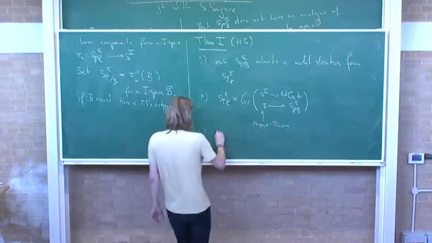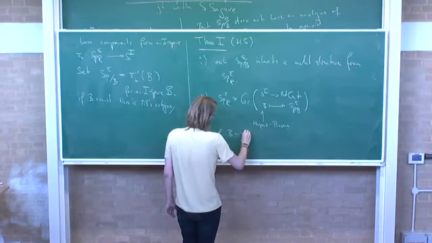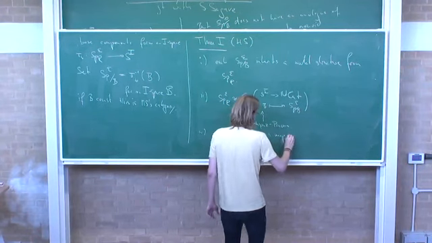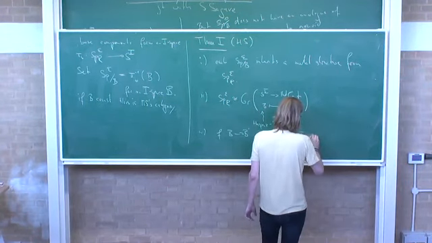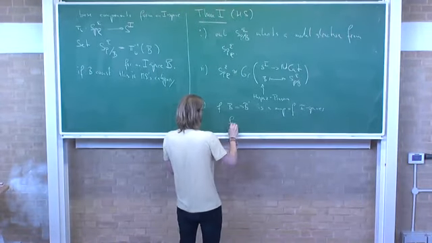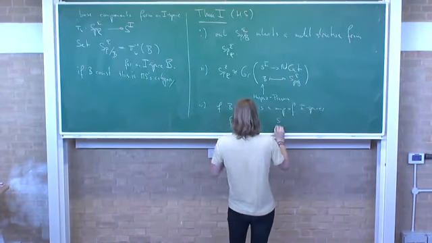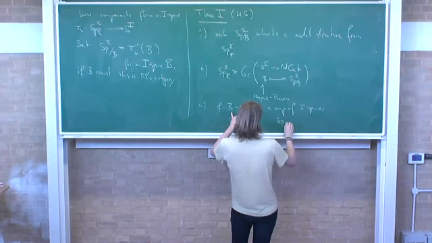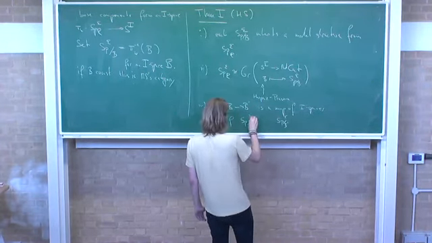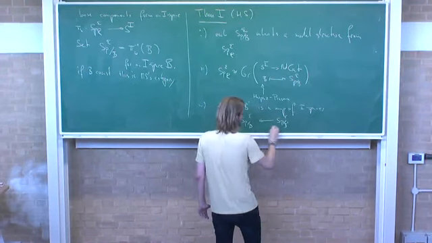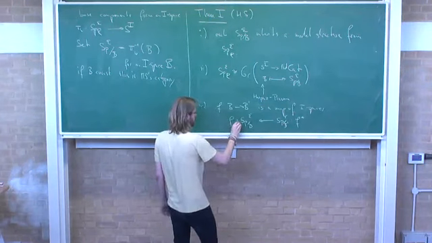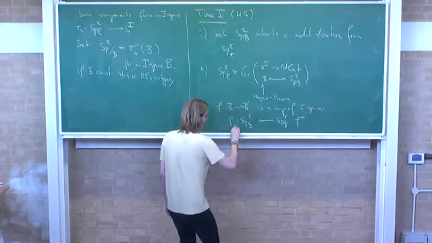And similarly, if f from B to B prime is a map of I-spaces, then you have two functors, spectra over B prime and spectra over B. Namely, in this way you have pullback, and in this way, well, okay.